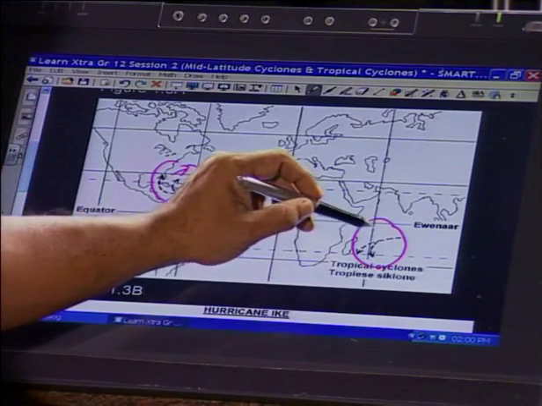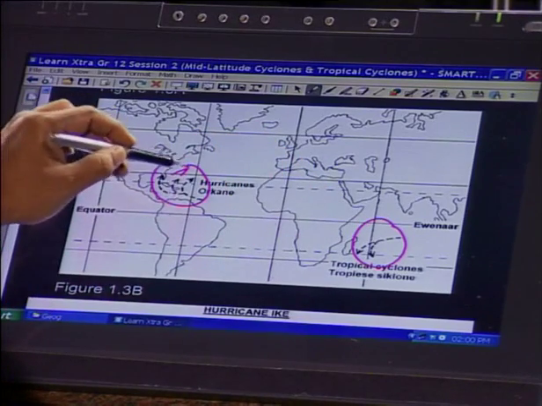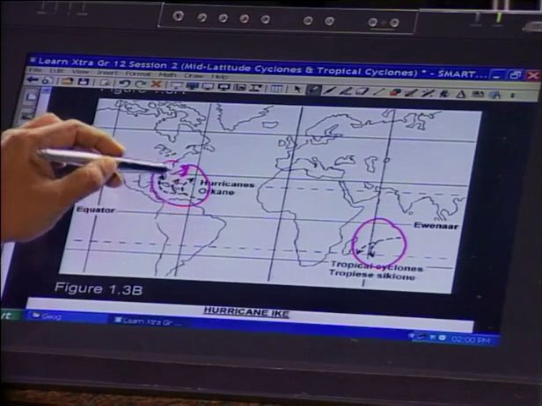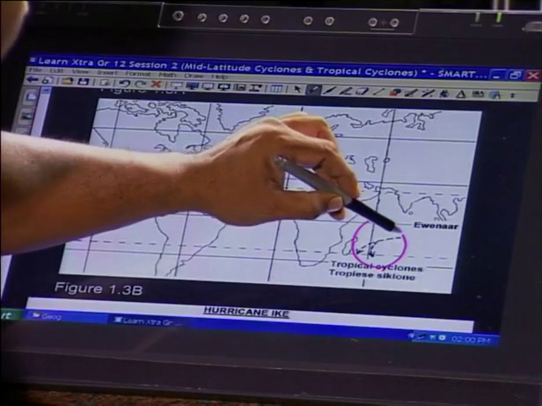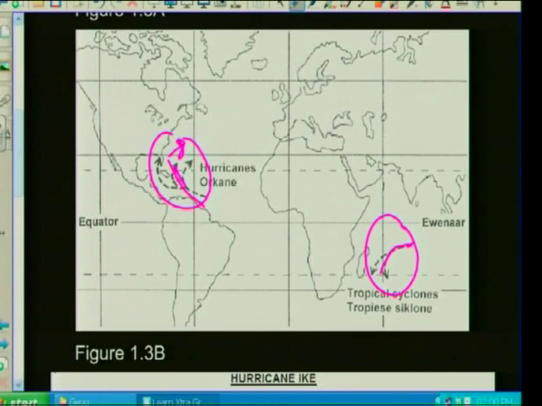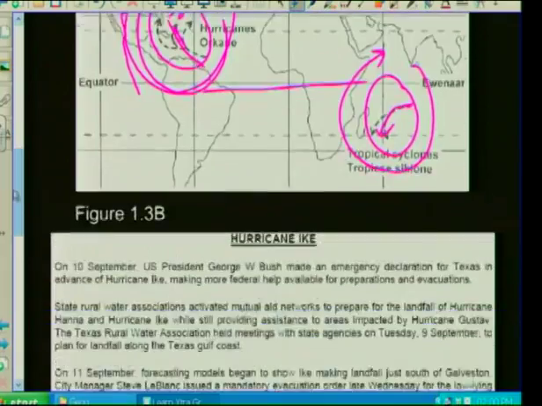This is your direction, that it's moving in the easterly trade winds, from east to west, and here also moving from east to west, from the equator as such. But of course, here this would be anti-clockwise. I'm confusing you a bit here. This would be anti-clockwise around the low pressure, and this would be clockwise around that low pressure.